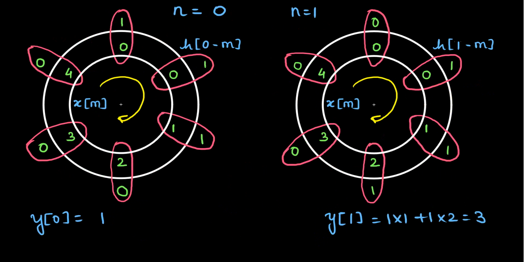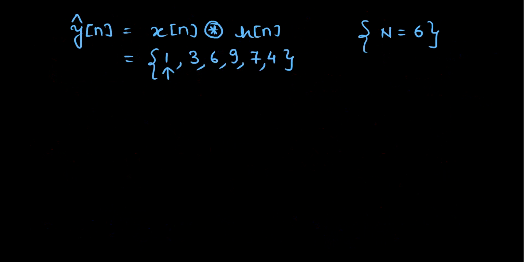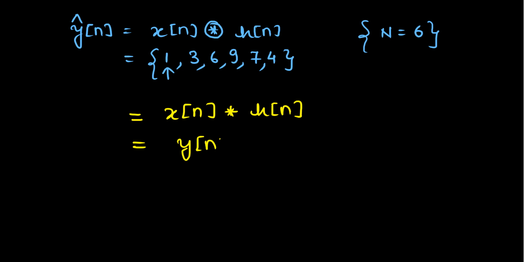So what we observe is, if we consider n equal to 6, we obtain the value of this circular convolution equal to the value of the linear convolution, that is equal to y of n.